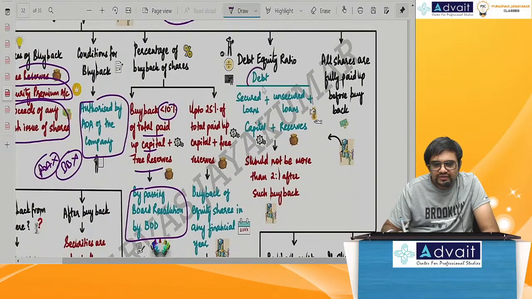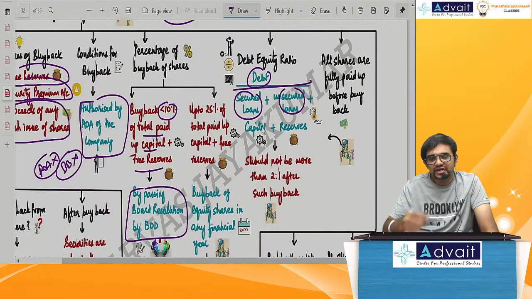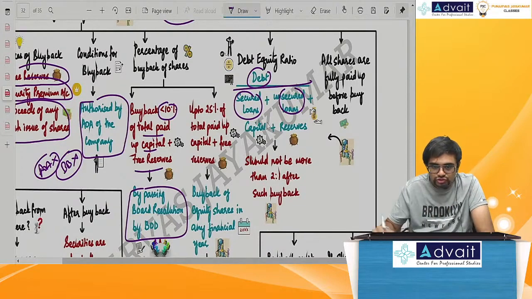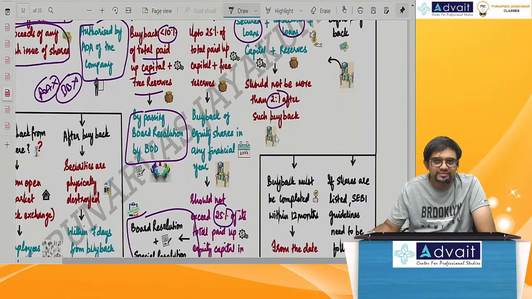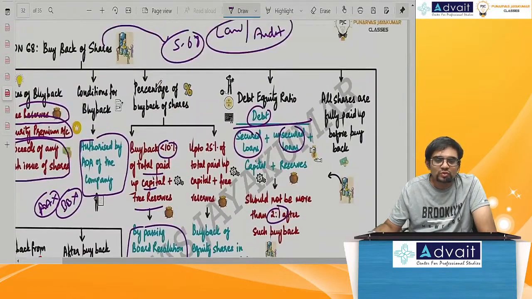Debt equity ratio is debt divided by equity. So what is the total debt of the company? That is your secured loans, all unsecured loans, etc., and equity is your capital and reserves, etc. The debt equity ratio should not be more than 2:1 after such buyback. Debt to equity must be 2:1.